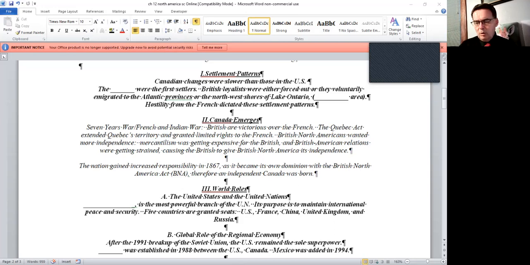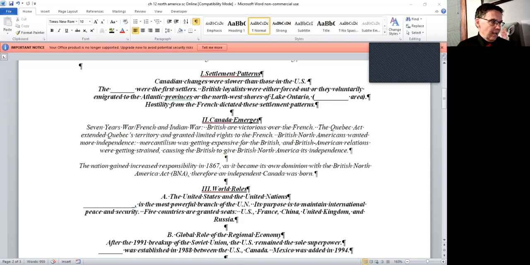British North Americans wanted more independence, though, as time went on. That, coupled with the fact that the mercantile system was getting expensive for the British, who were across the Atlantic, 3,000 miles away. Their relations were getting strained with Americans, causing the British to give British North America its independence.